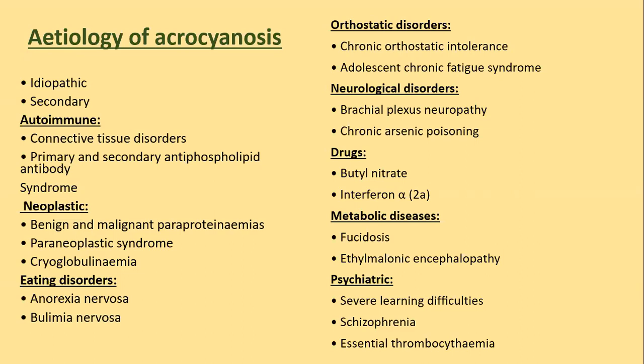Orthostatic disorders include chronic orthostatic intolerance or adolescent chronic fatigue syndrome. Neurological disorders leading to acrocyanosis include brachial plexus neuropathy or chronic arsenic poisoning. Drugs include butyl nitrate and interferon alpha 2A.